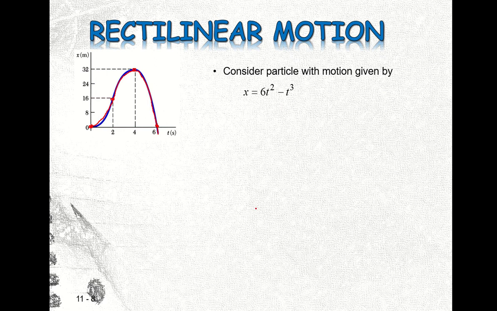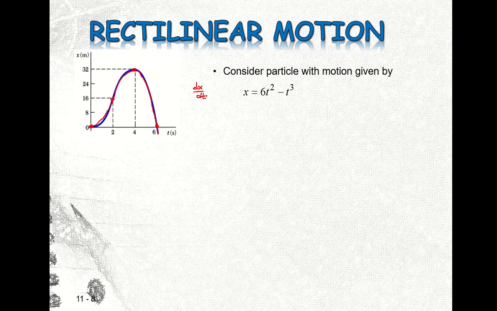Now from here, if you are going to determine the velocity, you just take the derivative of this. The derivative of x with respect to t is dx over dt. So what is our dx over dt?